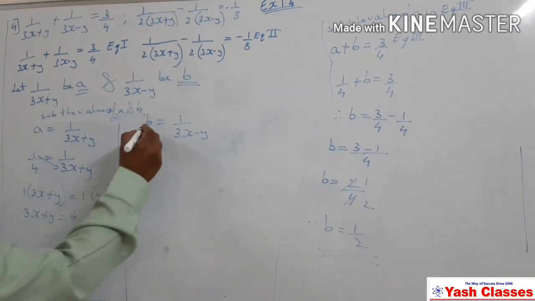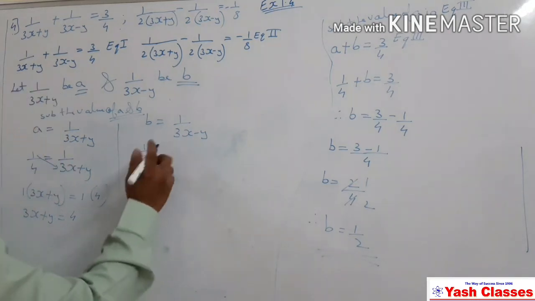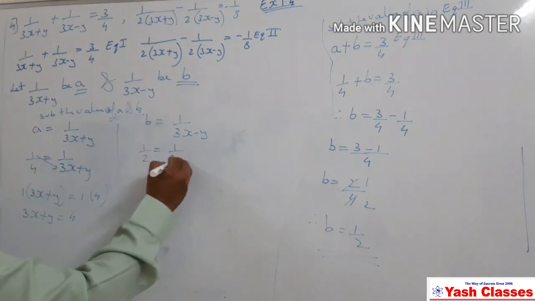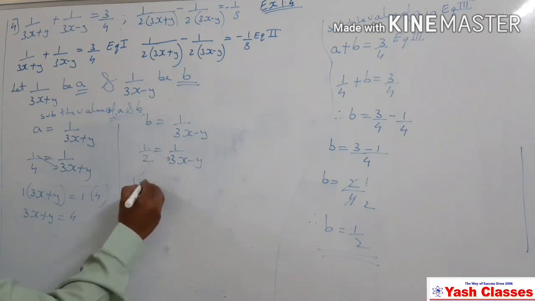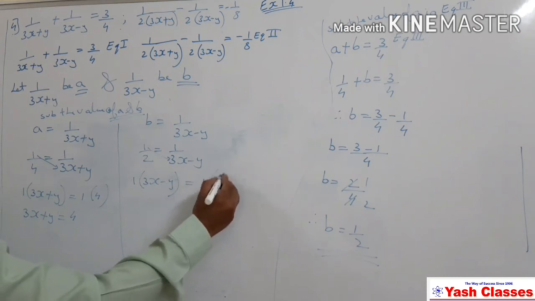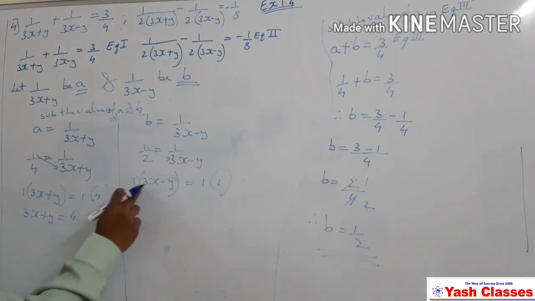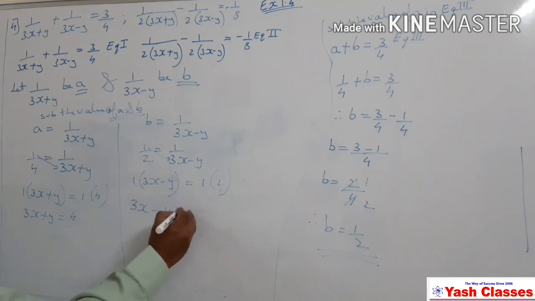Now here B we got 1 upon 2, is equal to 1 upon 3x minus y. Cross multiplication here also. 1 multiplied by 3x minus y is equal to 1 multiplied by 2. 3x minus y is equal to 2.